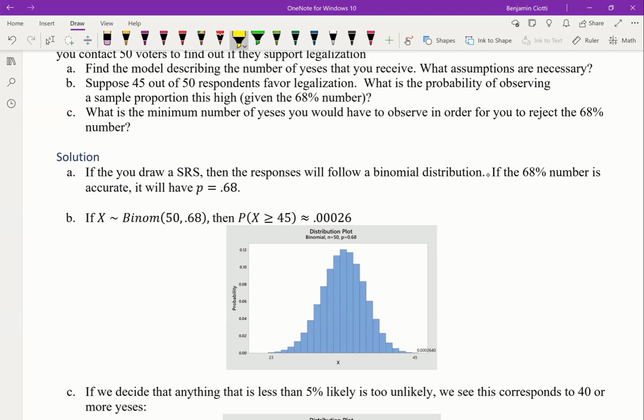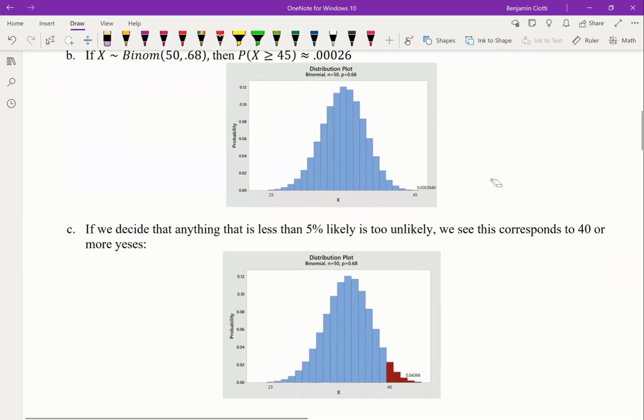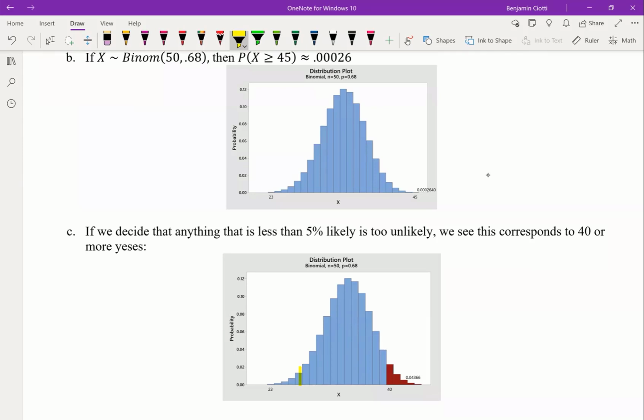So let's find the minimum number of yeses that we would have to observe that would cause us to reject that 68% number by plotting a binomial plot and finding the tail that corresponds to 5% area to the right of that tail.